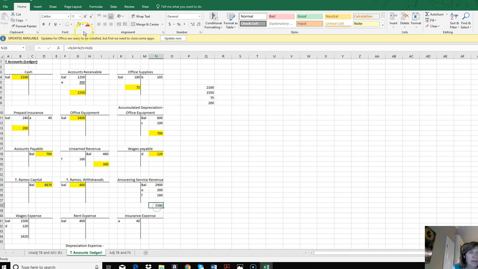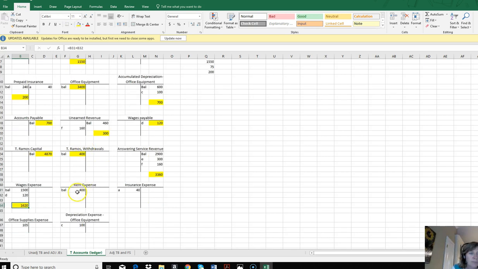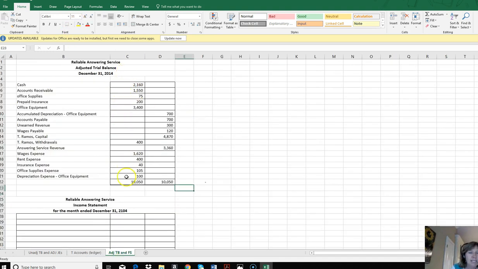These are my ending balances. So just double check that you got the same numbers. All right. So then I will copy those numbers over to my adjusted trial balance. And once I do that, I will see that I am in balance.